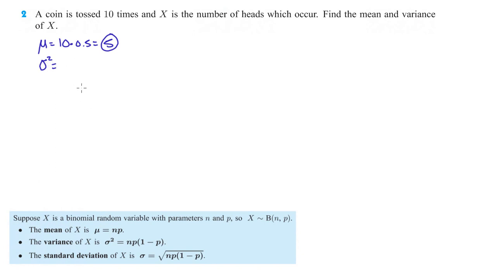We get sigma squared equals n times p, which we just figured out was 5, times 1 minus our probability, and the probability is 0.5, so that's 5 times 0.5, which means that our variance is going to be 2.5.